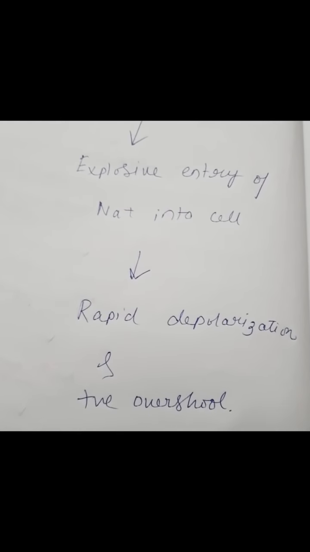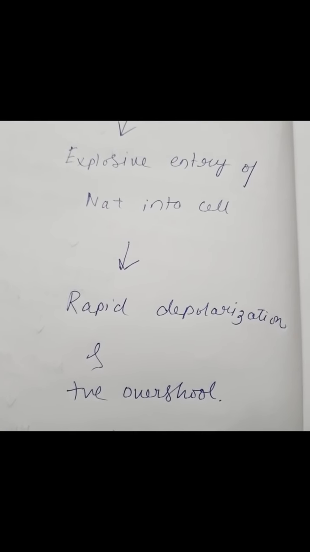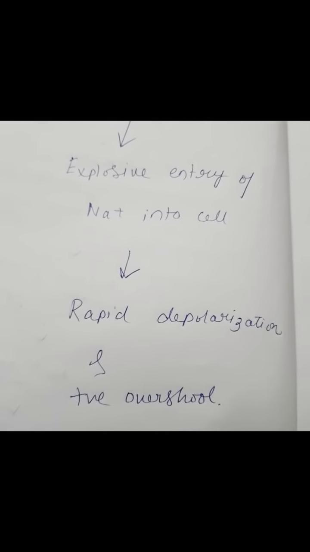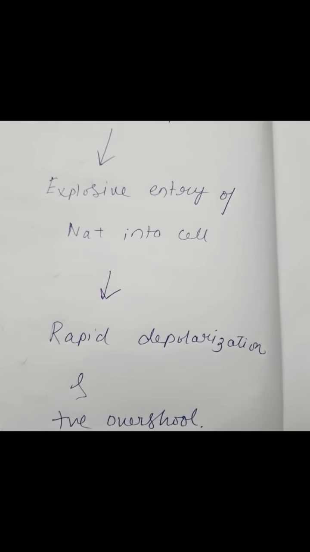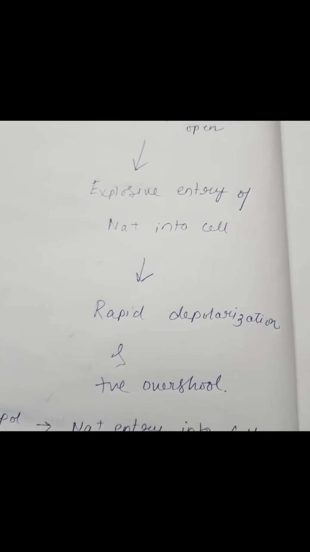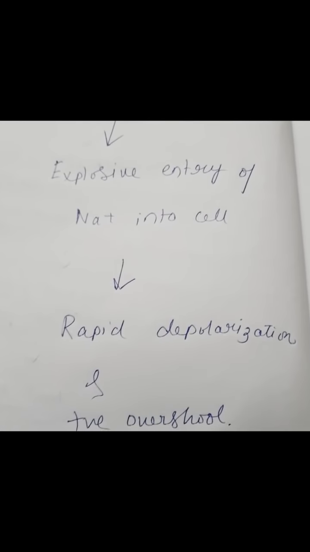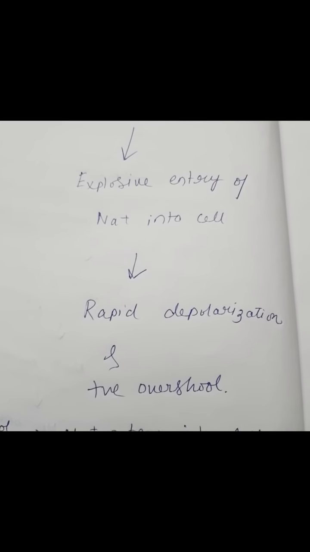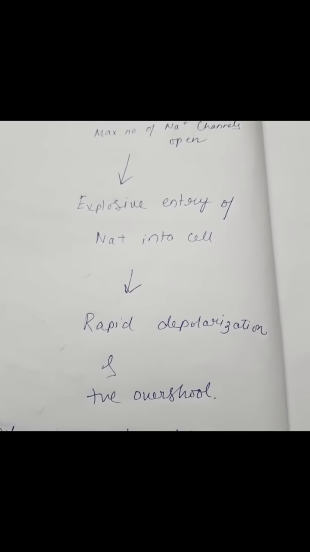Okay, so what is that? Due to explosive entry of sodium, the interior becomes very positive. From minus 55 it reaches 0, then from 0 it reaches plus 35. So there is a rapid depolarization and a positive overshoot.